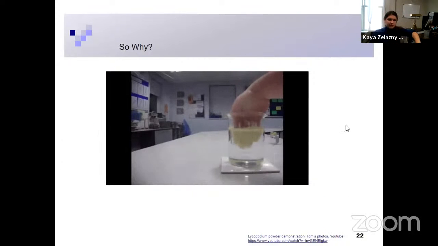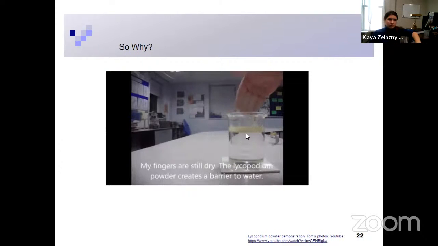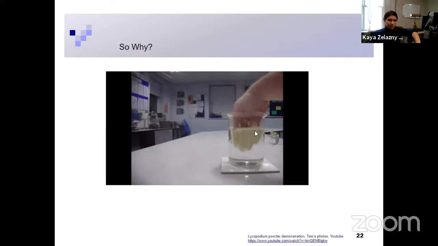So if we look back at this GIF from the beginning, we see this powder. This guy's sticking his hand in the powder. It doesn't get wet, still just covered in powder, totally normal. We will actually be able to predict the properties, the chemical properties, even the types of bonds that the molecules that make up that powder have, right?